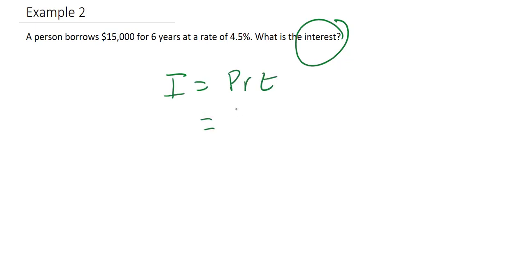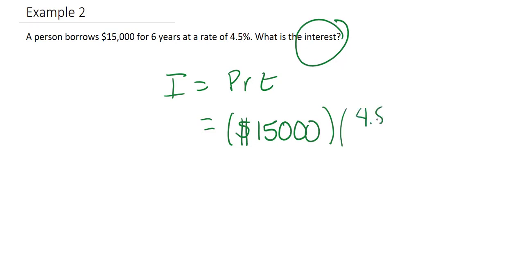Well, we have it, right? The principal. So our principal, right, we're going to put that as 15,000. Then we have our rate, right, the R. So that's 4.5 divided by 100, and time, which is in years, so 6 years. So we could put 6 right there.